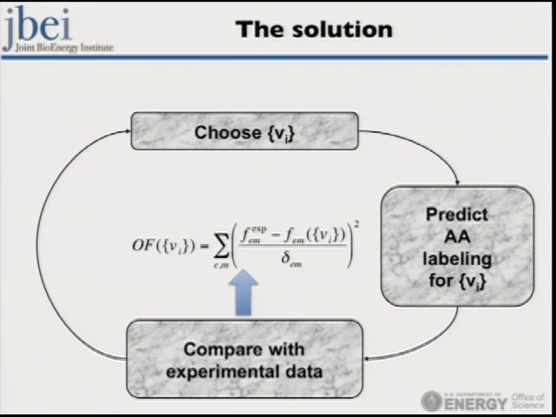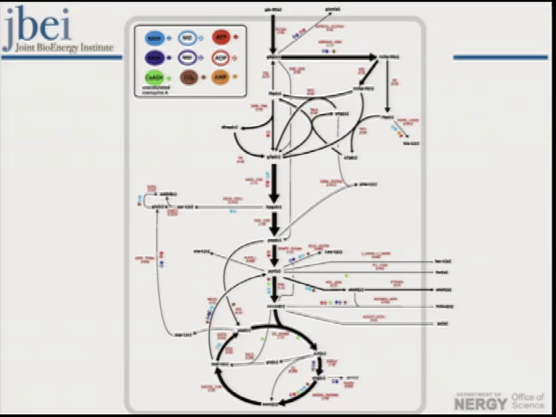And we do that through this function called the objective function, where you take the experimental results, you subtract the predicted results, and divide by the error over here. And you keep doing this until your experimental results and your computational results are within your error. And from there, you get your 13C metabolic flux analysis fluxes.